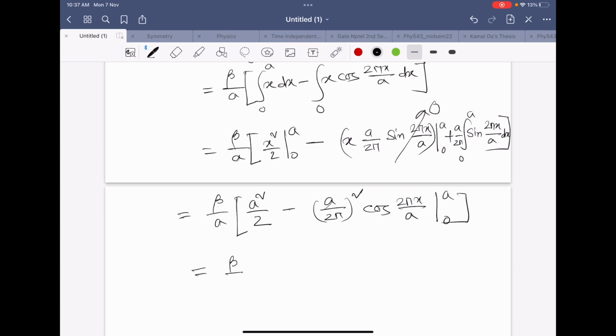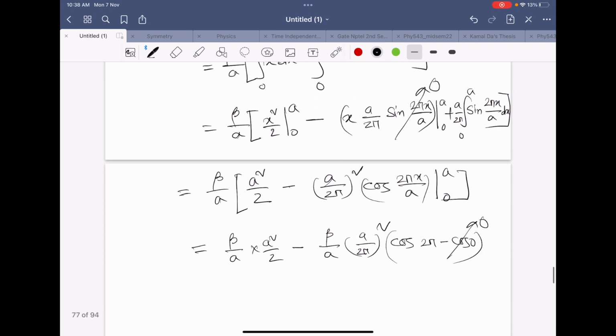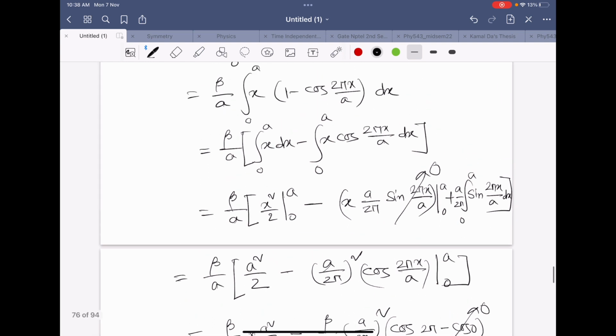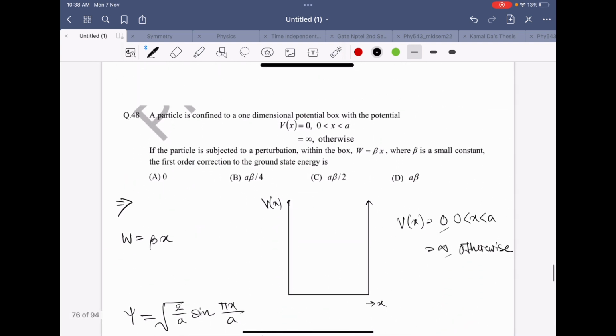So beta by a into a square by 2 minus beta by a into a by 2 pi whole square, and this is cos 2 pi minus cos 0. So this will go to 0 and we will have beta a by 2. So this is the correction to the first order energy, to the ground state energy.